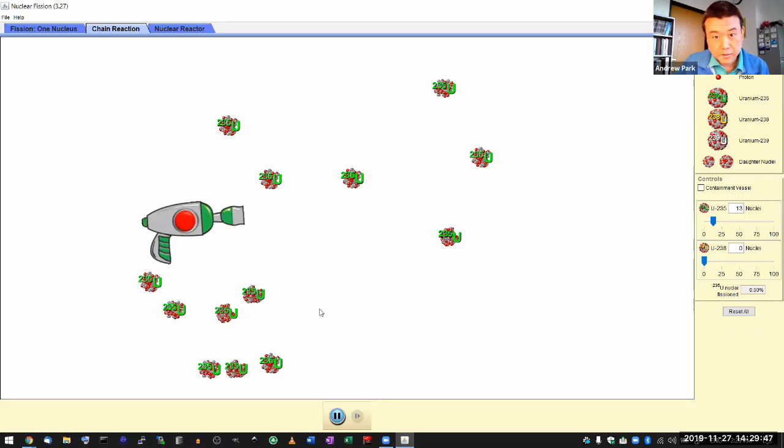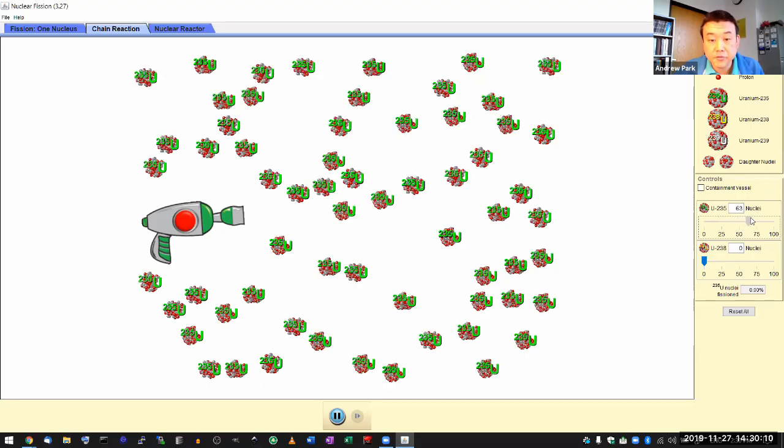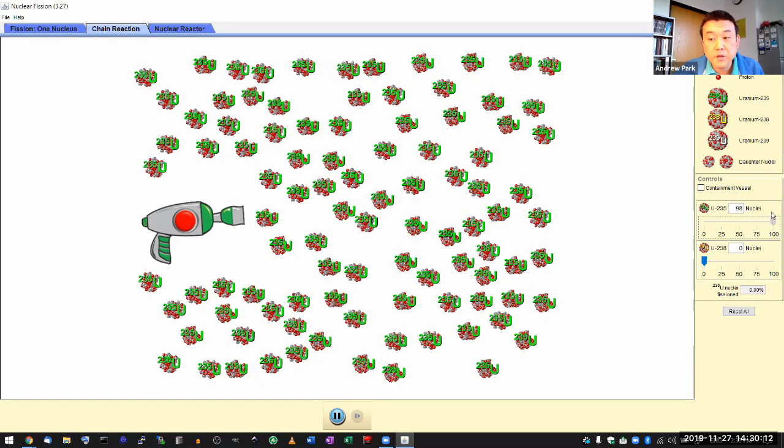A chain reaction is more similar to an actual nuclear explosion, a nuclear fission bomb, an A-bomb explosion, which is what happens when you have enough of these fissile isotopes in a confined space, much more densely packed together. So in an arrangement something like this, we'll get a fission reaction.